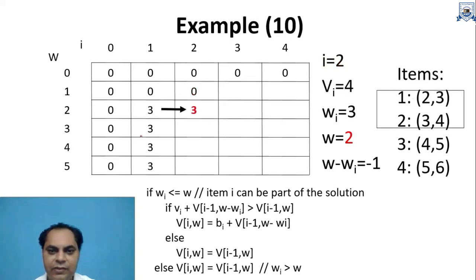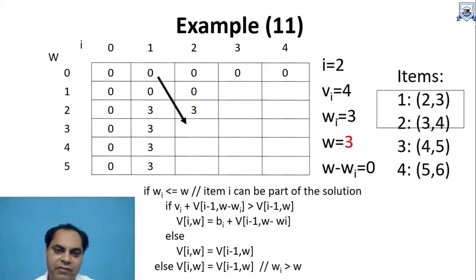Now come to the next case. Now the capacity of the knapsack is 3. We cannot accommodate both items, but we can accommodate any one item. If you accommodate the first item, the benefit is 3. If we accommodate the second item, the benefit would be 4. So we definitely will accommodate the 4.